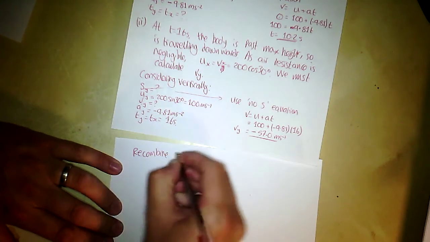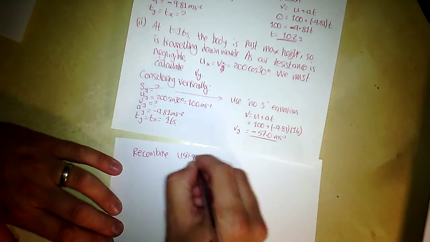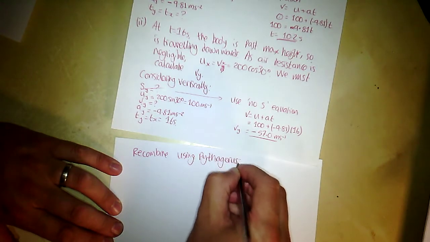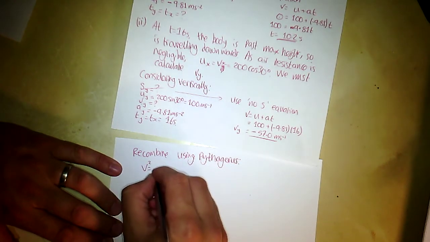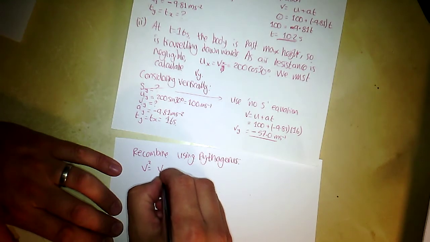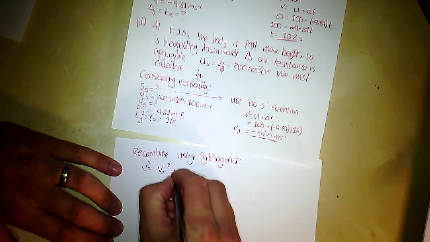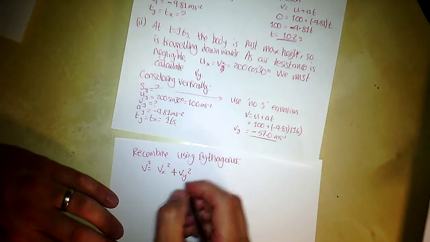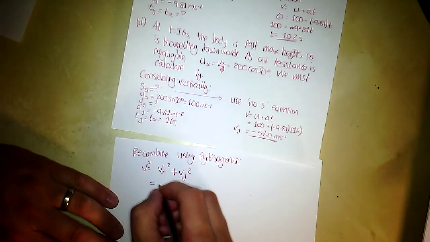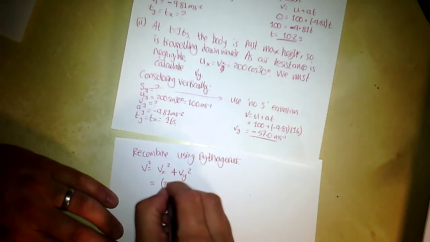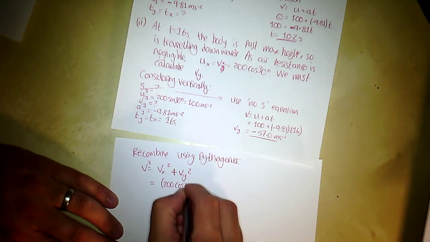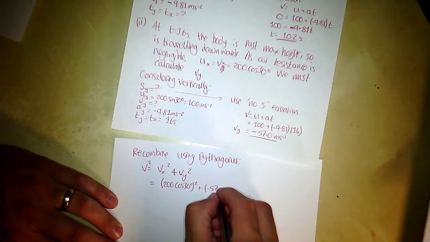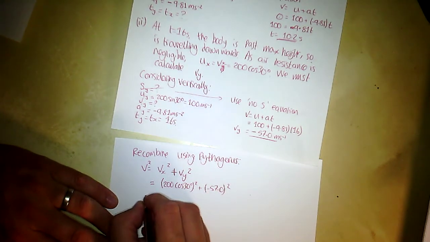So we'll say recombine using Pythagoras. v squared equals vx squared plus vy squared, which equals 200 cos of 30 degrees squared plus minus 57 squared.